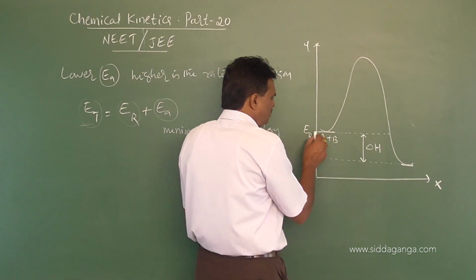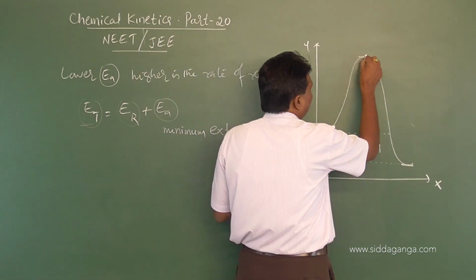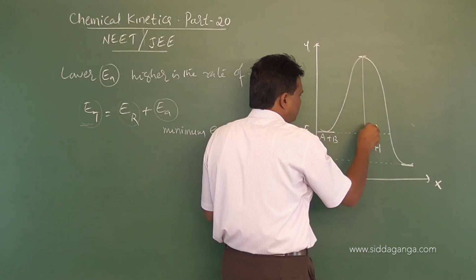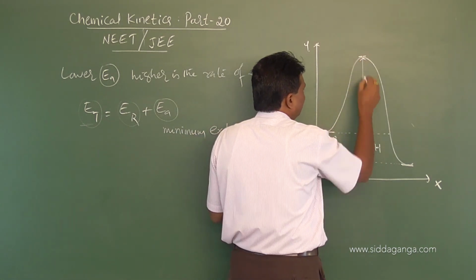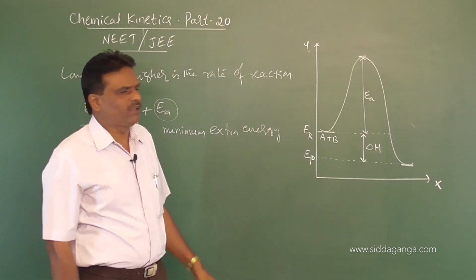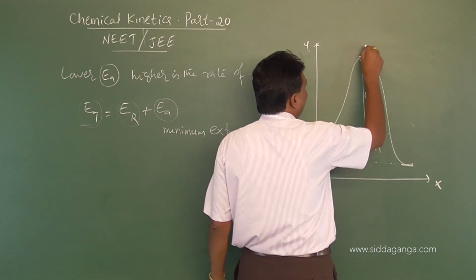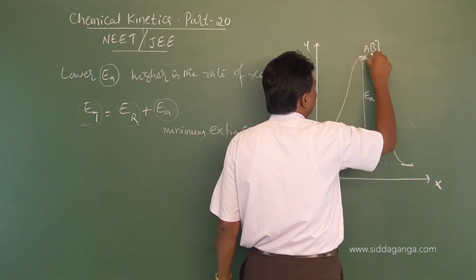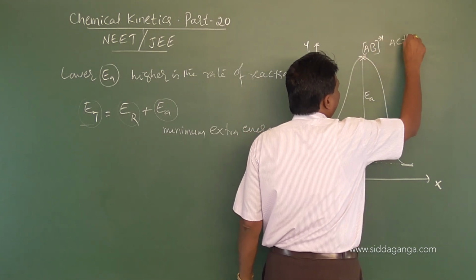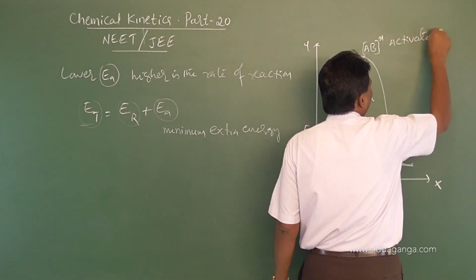Then to the reactants, if they attain threshold energy, a certain amount of energy is given to it. This is called the energy of activation. This is the activated complex, represented by AB star. It is called the activated complex.